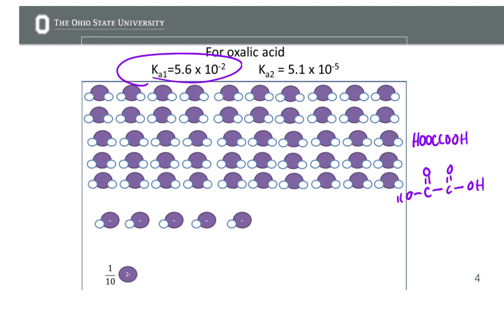So what I'm trying to show you is that deprotonation occurs to a very small extent, especially with Ka2 for our weak acid. And these are relatively large Ka values, times 10 to the minus 2 and times 10 to the minus 5.